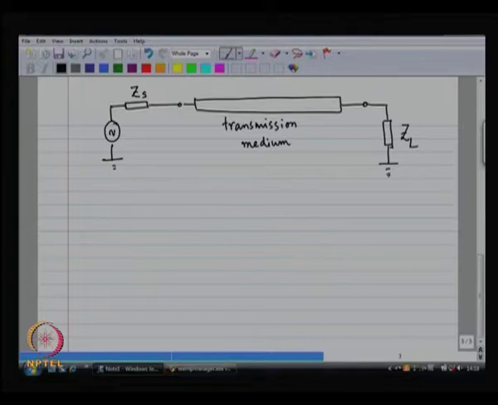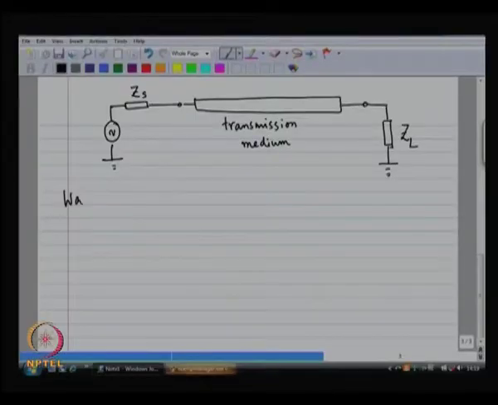So, this is my situation. I have a source which is inseparable from a source impedance. I want to transmit a message across a certain medium all the way to a load impedance, and in between there is this transmission medium. This transmission medium could be a wire, it could be air, it could be an antenna, it could be anything. All right.